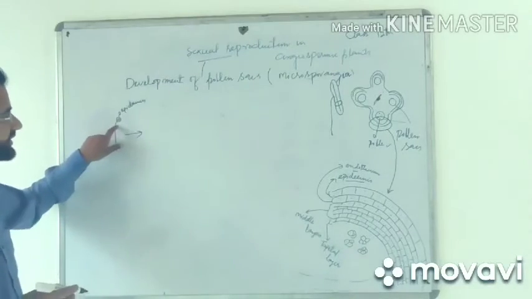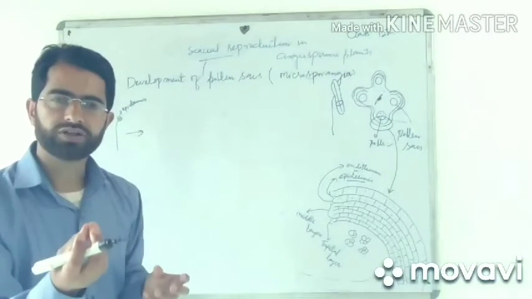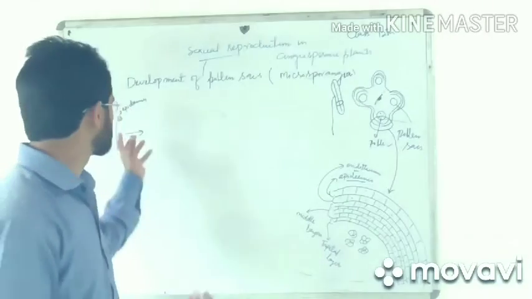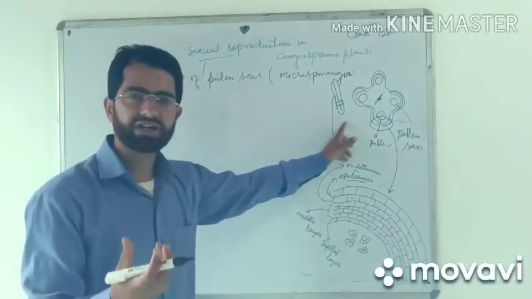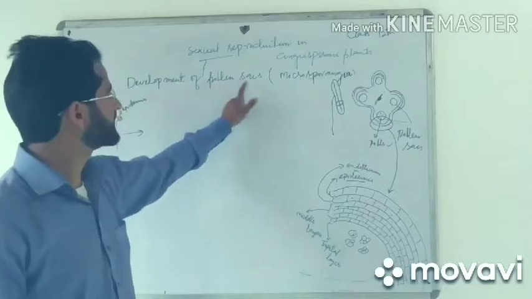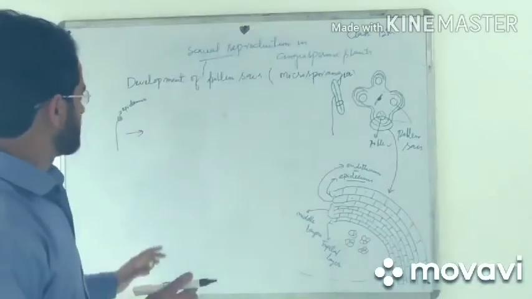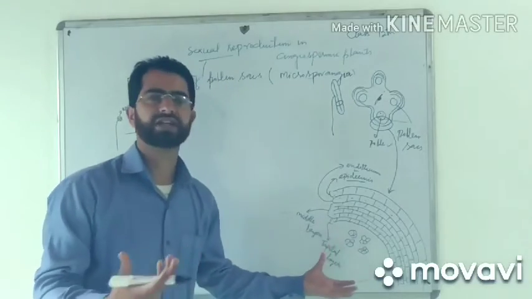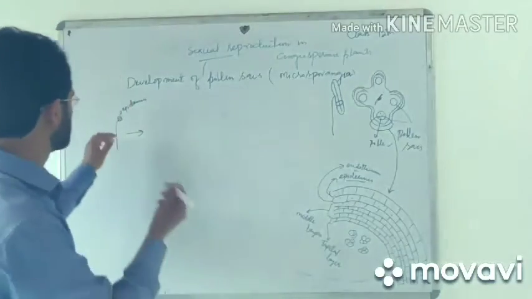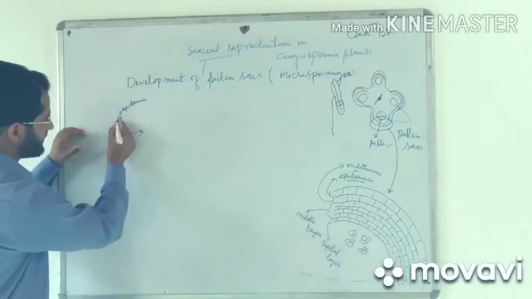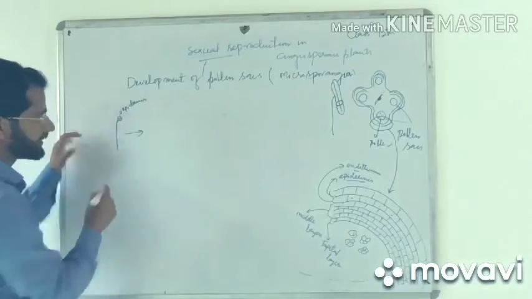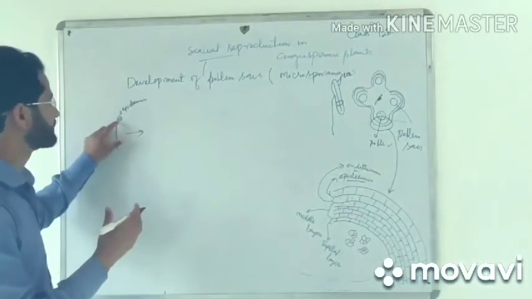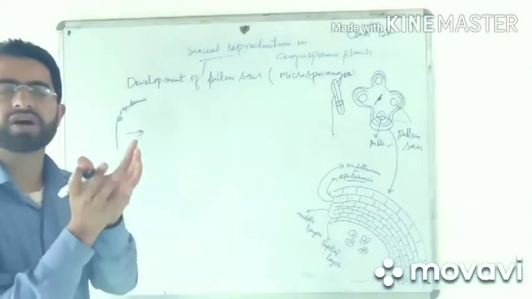From this initial stage, small dividing meristematic cells get modified into a well-developed structure, that is known as development of the pollen sac. Now we will discuss how such a mature structure gets developed. First, at the initial stage, this whorl, that is microsporophyll or androecium, at its terminal position develops a mass of cells.